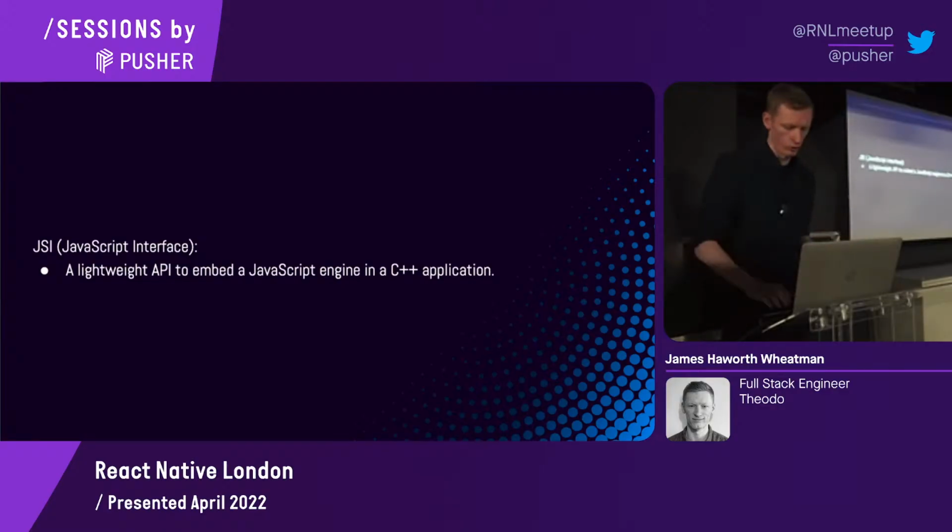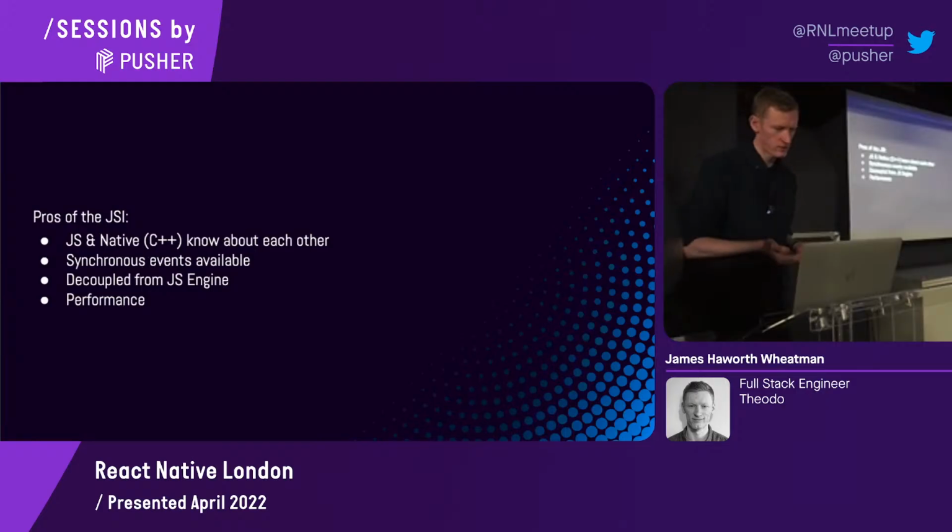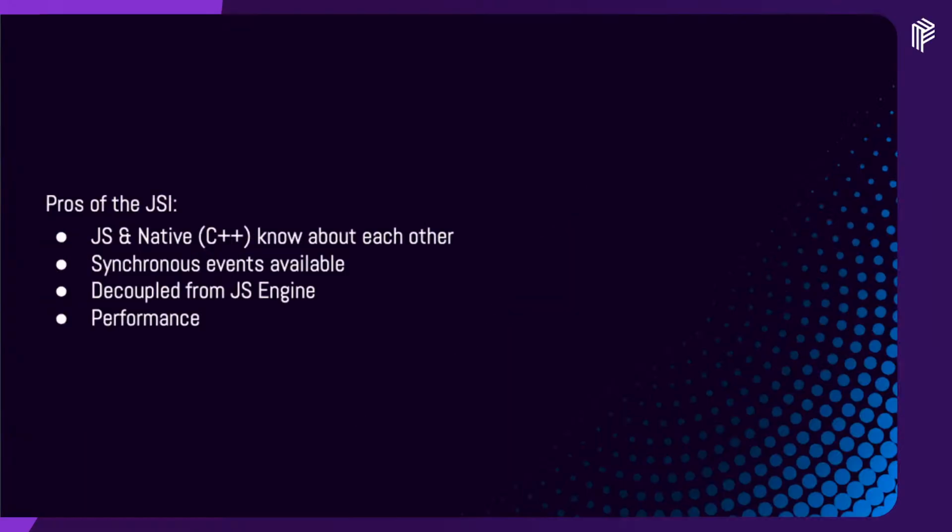So your JS and native, and when I say native, I mean C++, are actually aware of each other. So you're going to be able to call native functions directly from JS and vice versa.